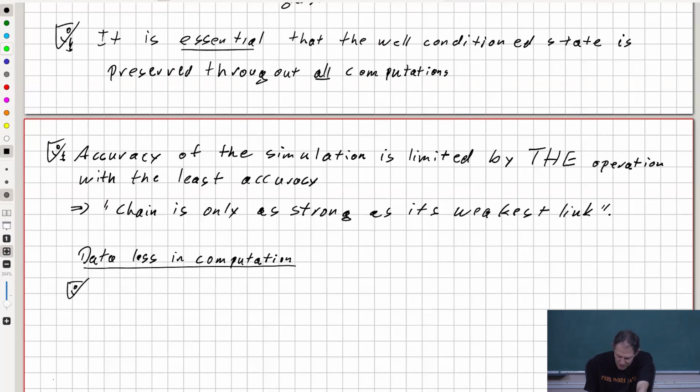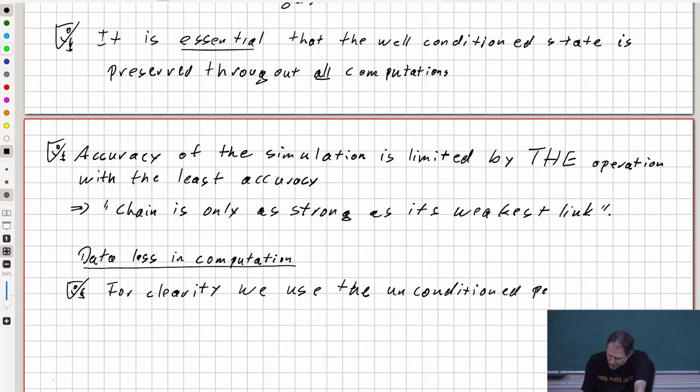Okay, so what I'm going to do, in order not to confuse you too much and not to get too complicated, we say for clarity, we use the unconditioned populations Fijk below.